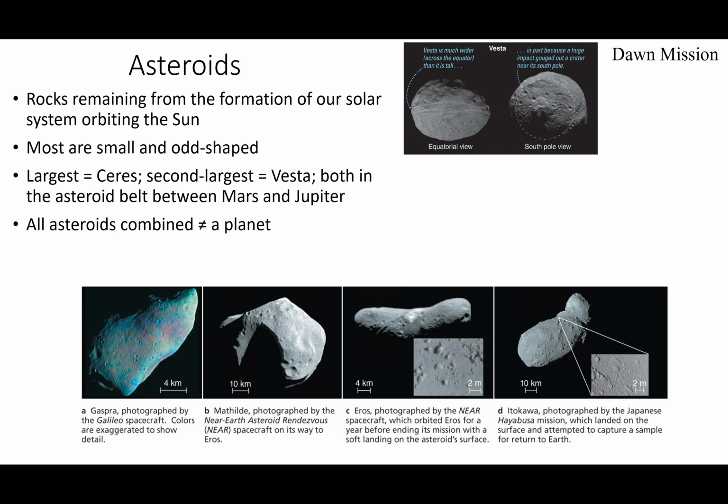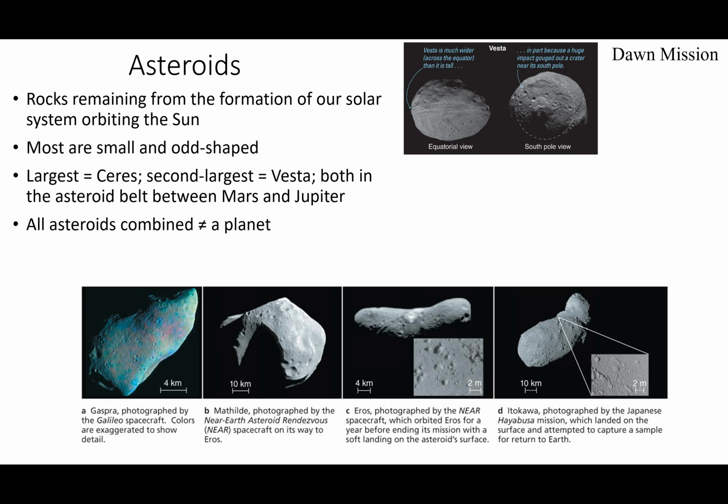So yes, asteroids look kind of different. Now, there are some kind of spherical asteroids. You can see these up here. A few asteroids have cool names. What do we call the region after Mars and before Jupiter? The asteroid belt, exactly.